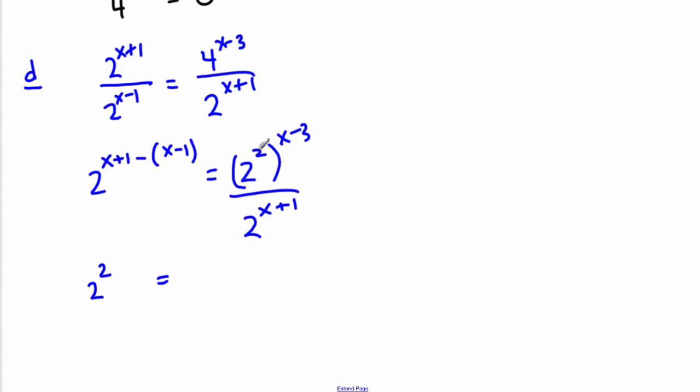Equals, powers to powers, we have 2 to the 2x minus 6. 2 times 3 is 6. Keep the negative. And then I'm going to go ahead and subtract right away. Minus parentheses, because we have two terms, minus x plus 1. Okay.